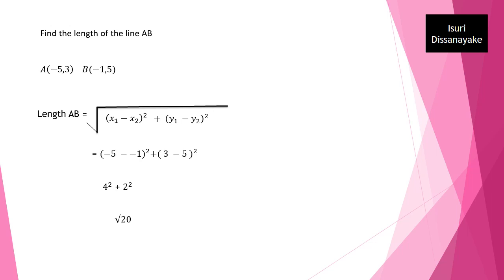So the length from A to B is root 20. You can write an approximated value, 4 point something. We don't know the exact value, it's 4 point something is the length from A to B.